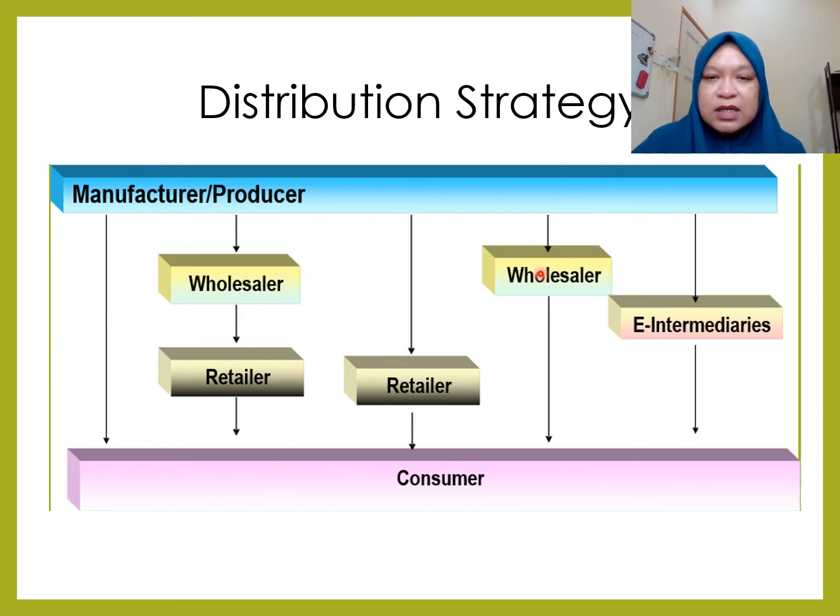From the producer to the wholesaler and to the retailer, and then to the consumer. Wholesalers are those large companies who will buy in bulk from the producer or manufacturer, and then sell to the retailer. Retailers are usually small shops, and this small shop will sell to the consumer.